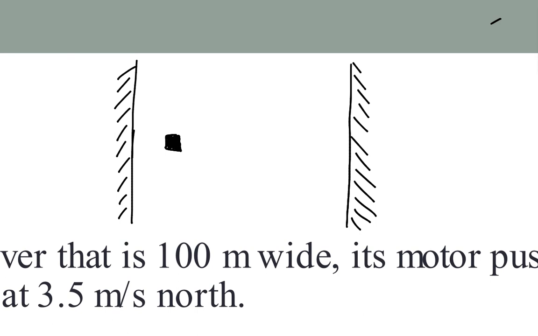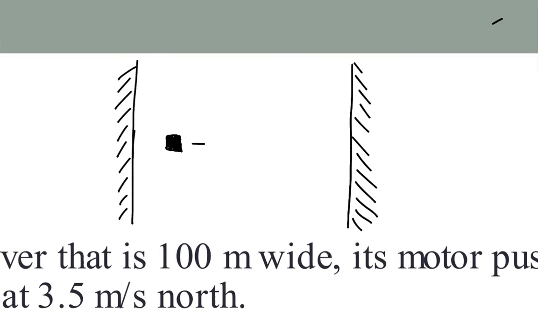And you want to draw in those vectors. The boat crosses the river. Its motor pushes it at 5 meters per second east. So what's the boat's velocity? 5 meters per second east. Velocities are vectors. Vectors can be represented by arrows.